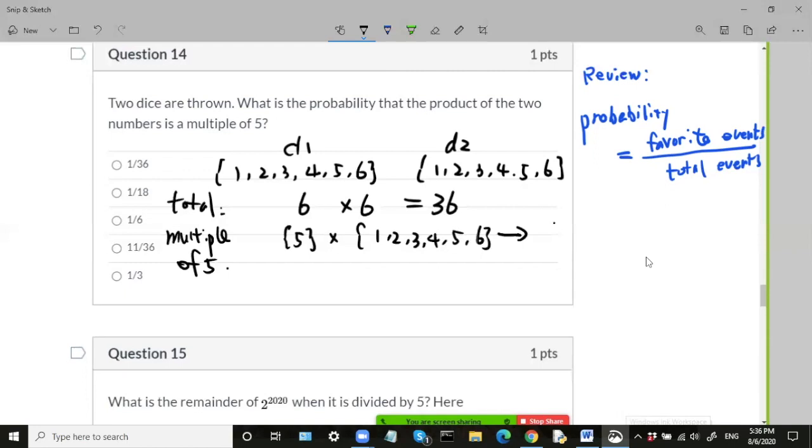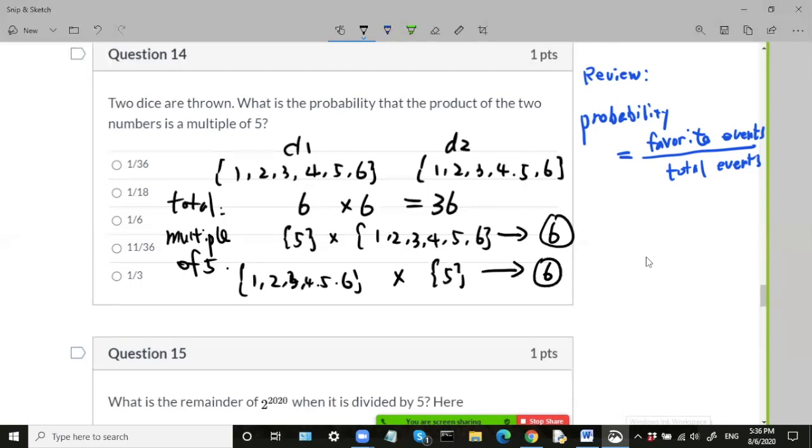So the total is 6 pairs of numbers. D1 can also be 1, 2, 3, 4, 5, 6 if D2 is 5. Then we also have 6 pairs of numbers where the product is a multiple of 5.